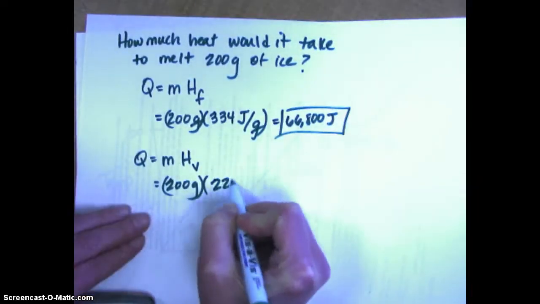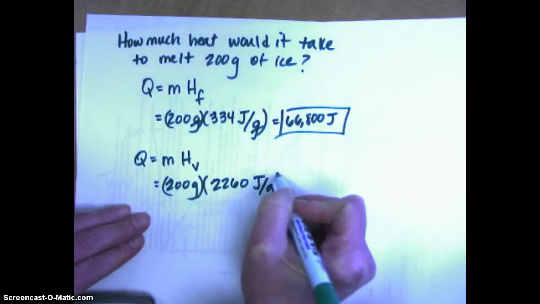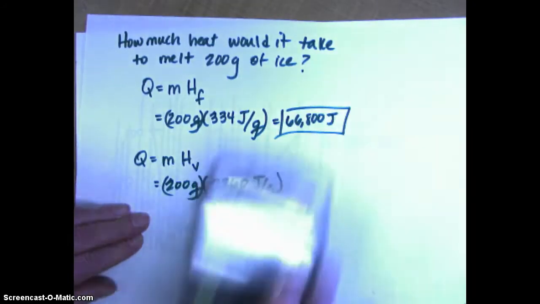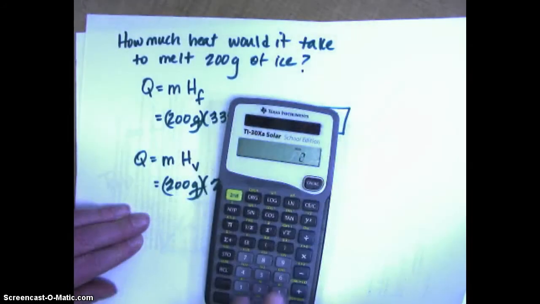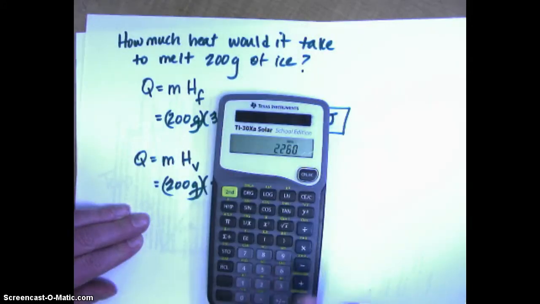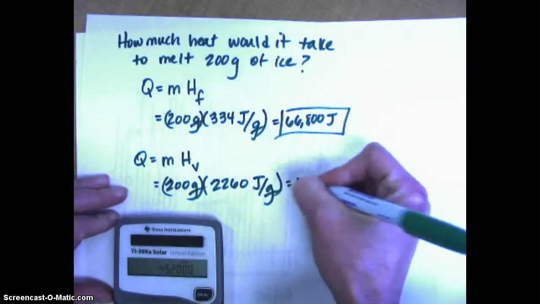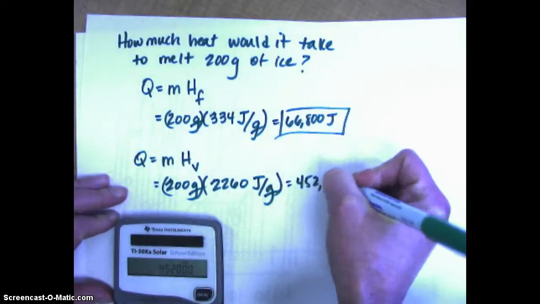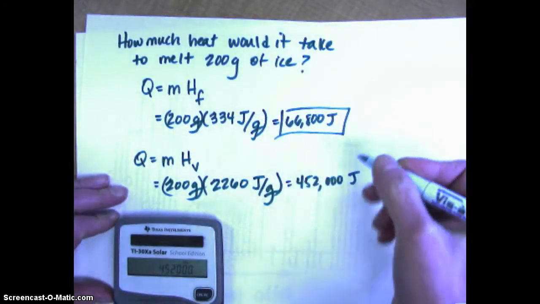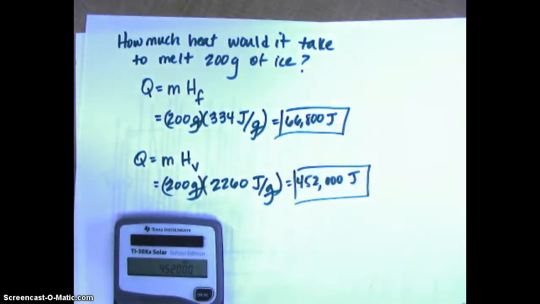Grams cancels. 200 times 2260 equals 452,000 joules, or 452 kilojoules of heat energy is what it would take.